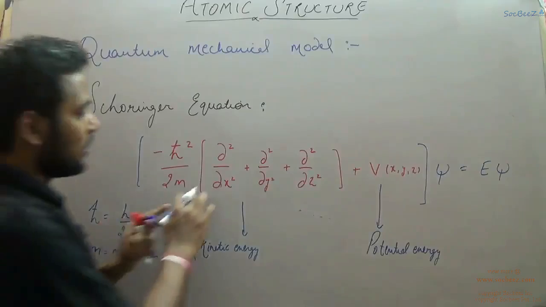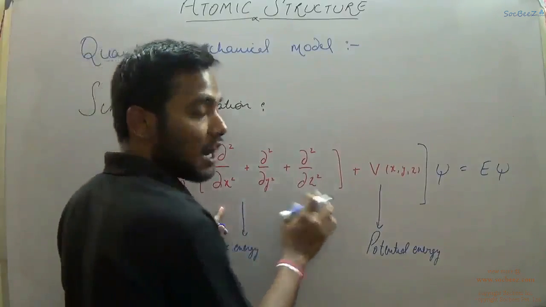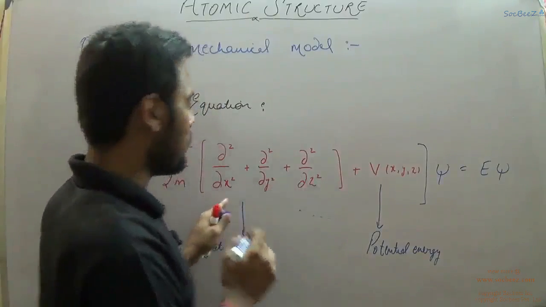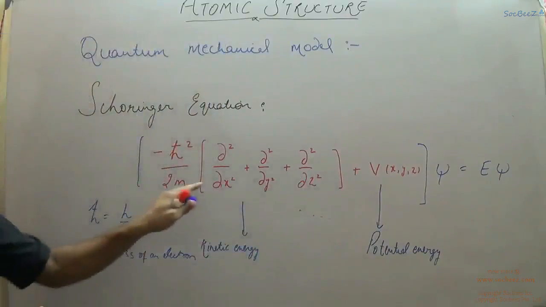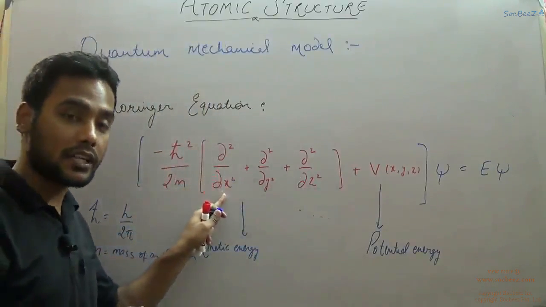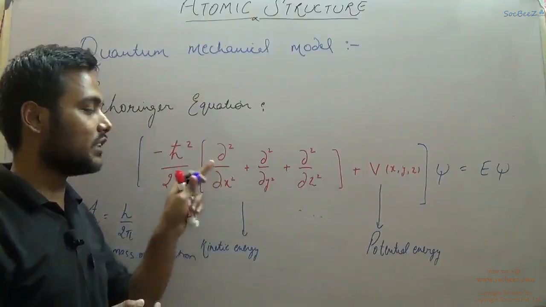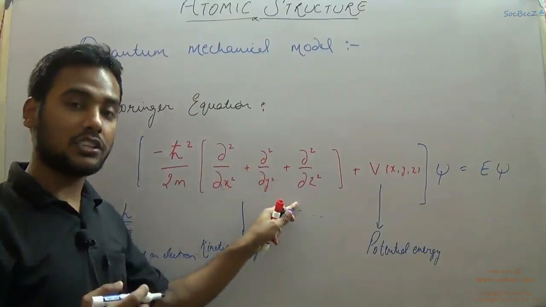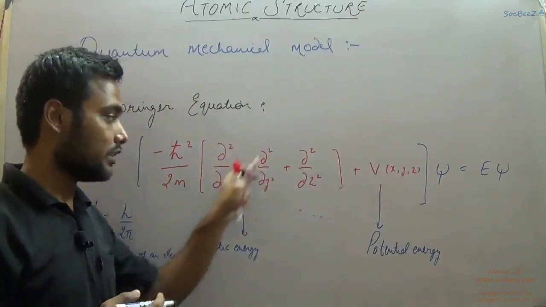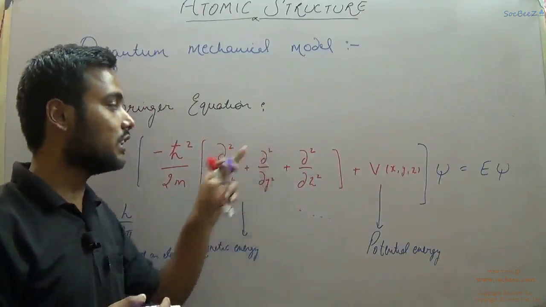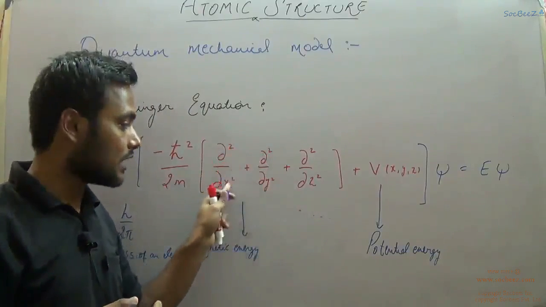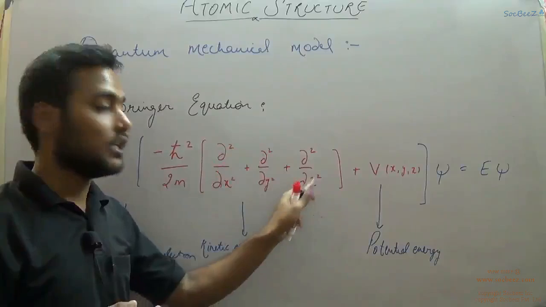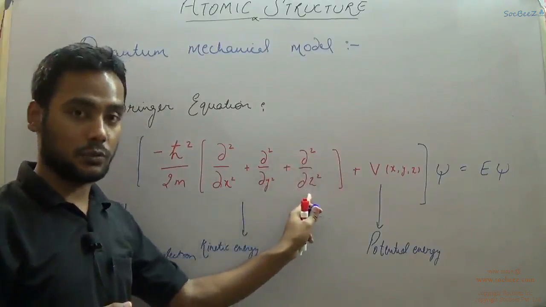Okay. And now this particular operator is known as partial differential. Partial differential means that if we are differentiating with respect to x partially, it means that y and z are assumed to be constant in this particular case. In this case, we are differentiating with respect to y, so x and z are assumed to be constant. In this case, x and y are assumed to be constant.